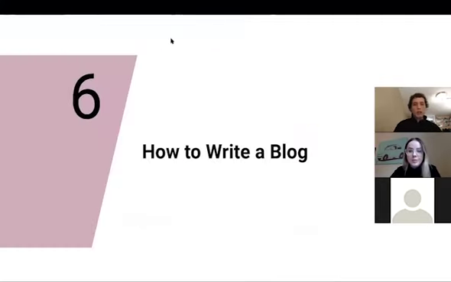Okay, how to write a blog. This is going to go into the structuring of it: categories, tags, headlines, subheadings. I'm not going to tell you exactly how to write your own blog, because that's what's going to make your blog unique, your own writing style.